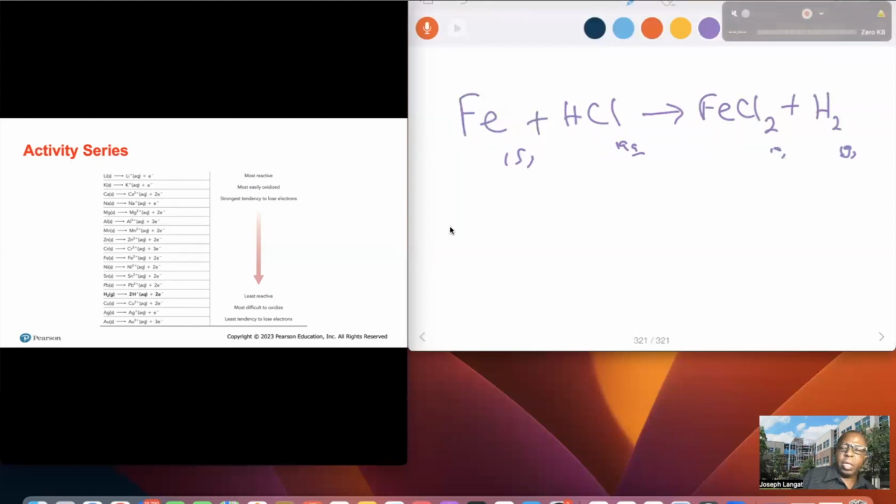All acids give hydrogen gas, and what this means is iron is more active compared to hydrogen. It is above it, so it will replace it in a single replacement reaction.